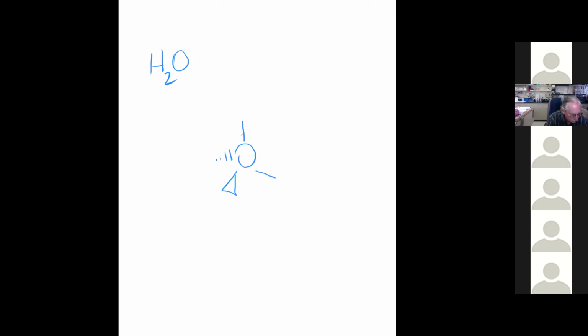So you see how I have those 4 regions of electron density in a 3-dimensional manner? And I could put hydrogens on any 2 of them. And this bond angle right here would be what? 109.5 degrees, right? And these would simply be my electron pairs, the non-bonding electron pairs.